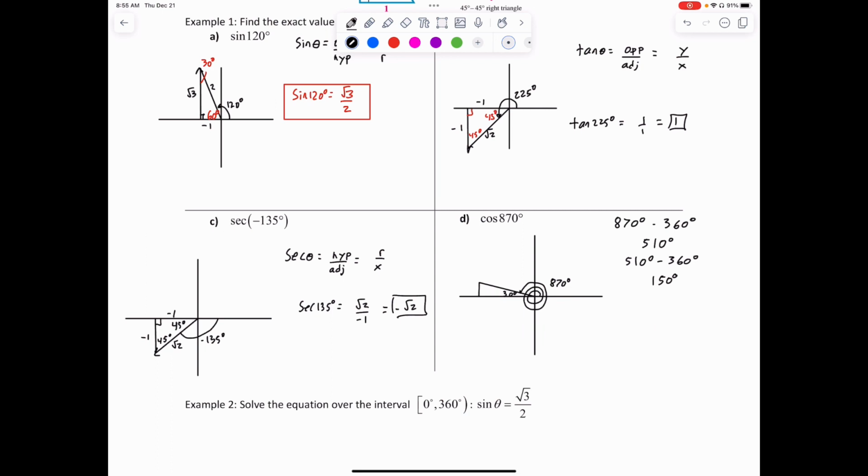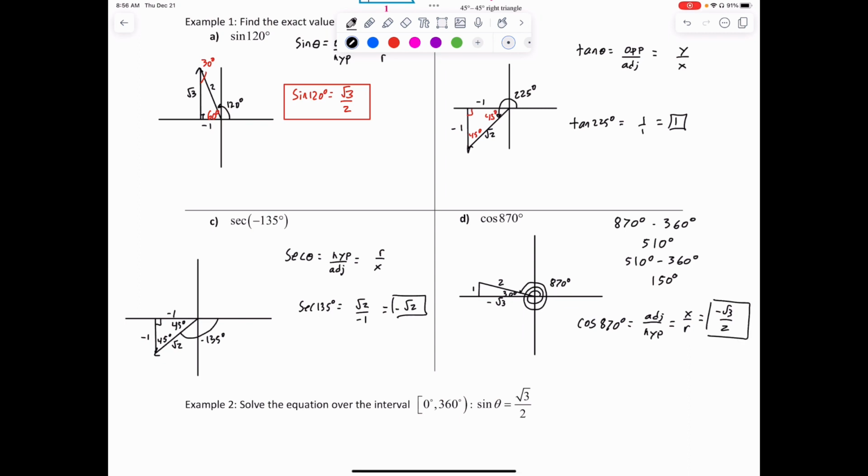Dropping the altitude gives me a 30, 60, 90 triangle, an opposite of 1, a radius of 2, and an x value of radical 3. That x value, since we're moving to the left, will be negative. So the cosine of this 870 degrees is the reciprocal of secant. It is the adjacent divided by the hypotenuse, which is the same thing as x over r, which is negative radical 3 over the hypotenuse of 2. And that is the final answer for this one.